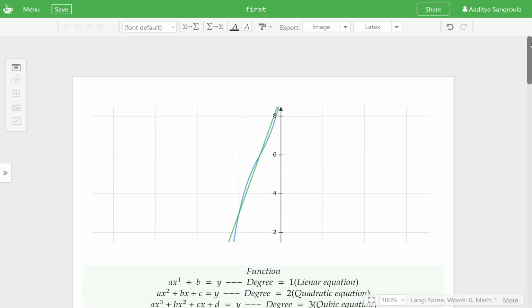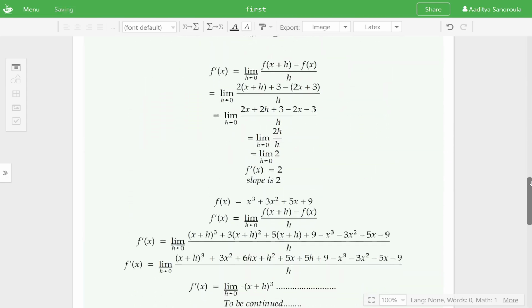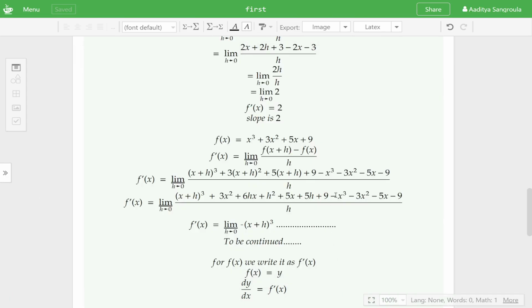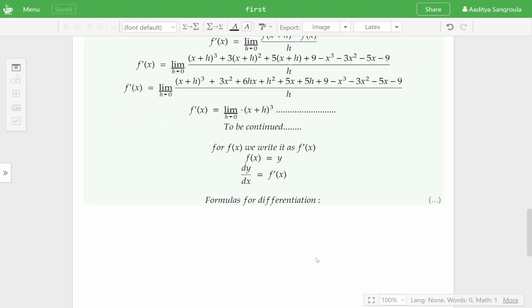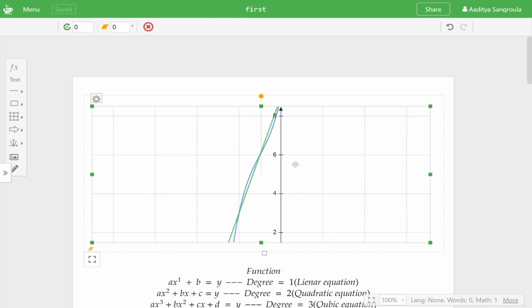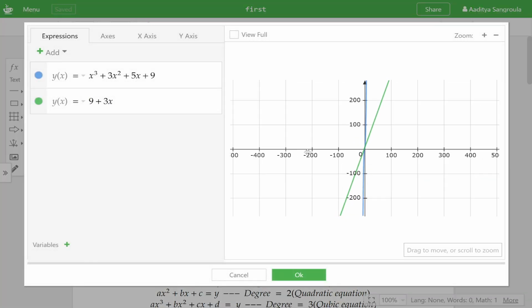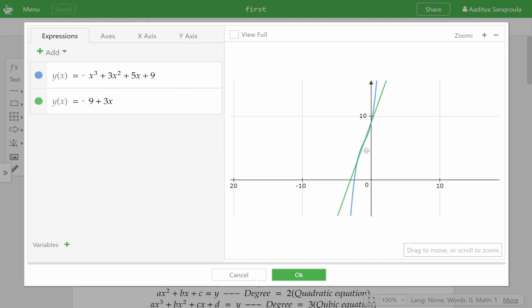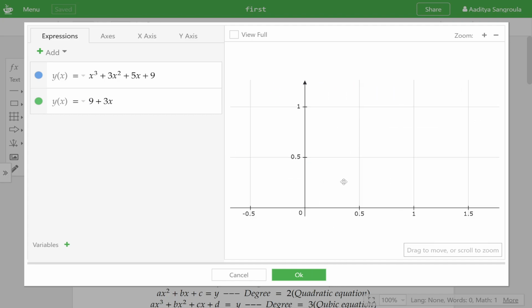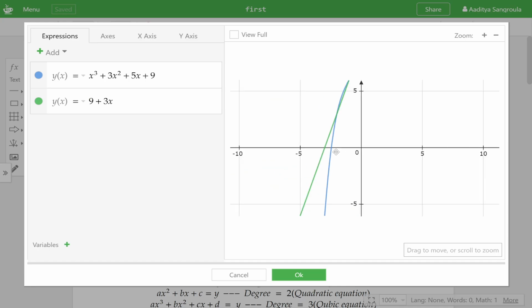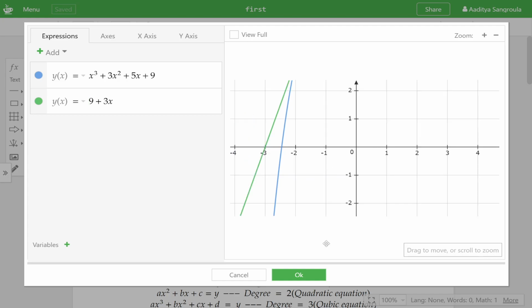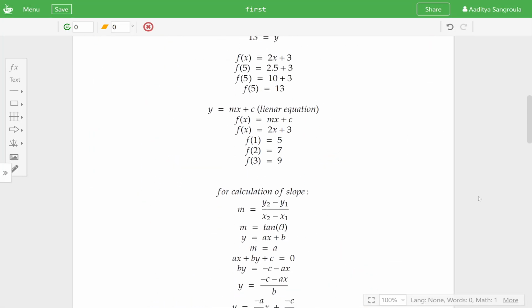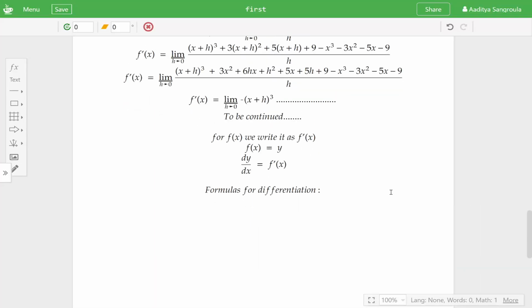We haven't written much since the start of the video, and it's already been an hour, just because we have grasped a lot of concepts and looked at the graph and understood what it means. So this is an absolutely epic achievement. You should continue this if you want. And now, formulas for differentiation.